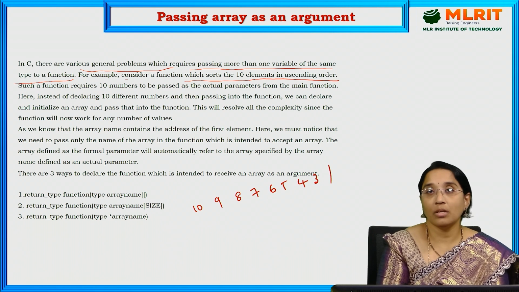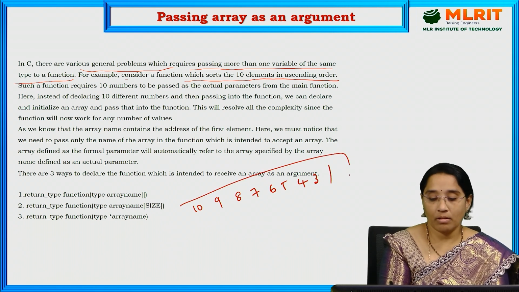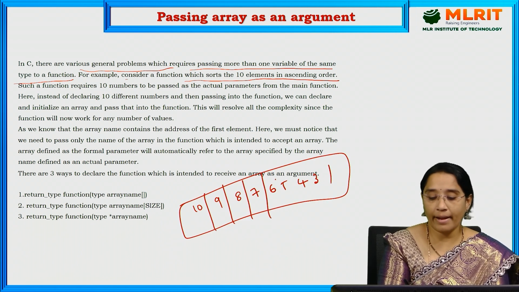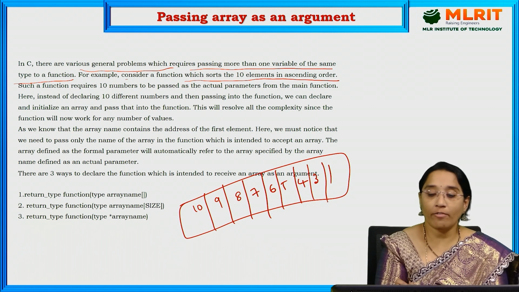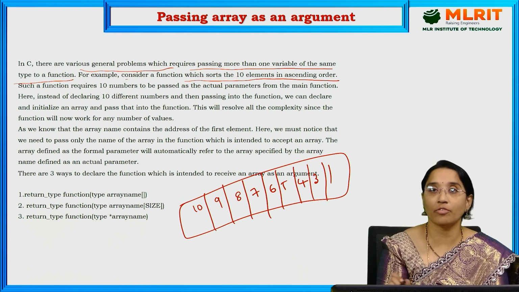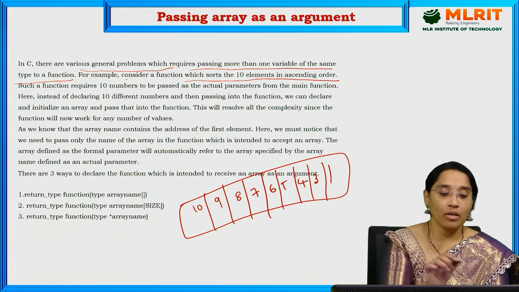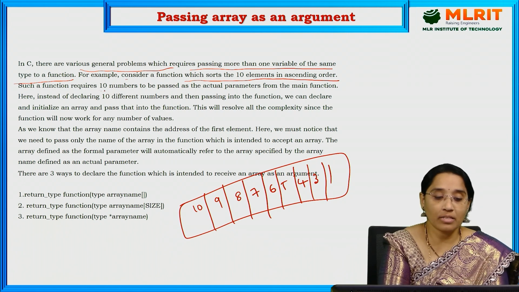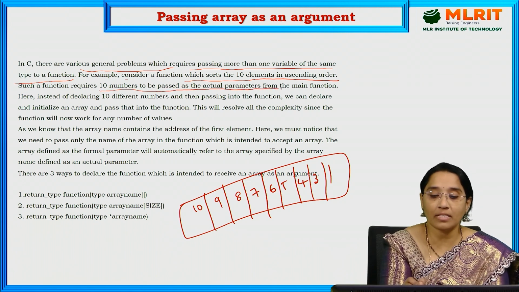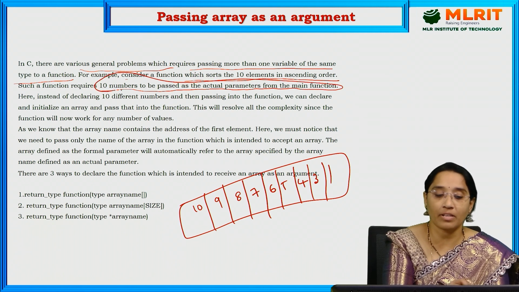So these are the numbers, or consider them as an array. I want to sort all these elements in ascending order. Obviously, it will be 1, 2, 3, 4, 5, 6, 7, 8, 9 and 10. Such a function requires 10 numbers to be passed as the actual parameters from the main function.